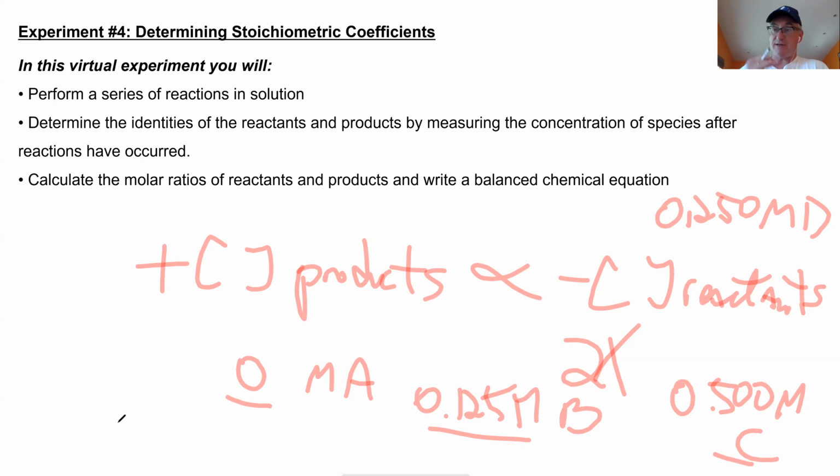How much did A go down? How much did B go down? How much did C go up? So what's my change in concentration of A? If the initial was 0.25 molar, and now it's 0, what's my change in A?